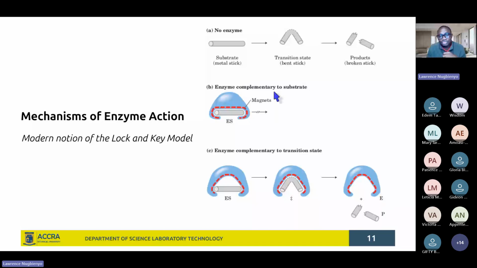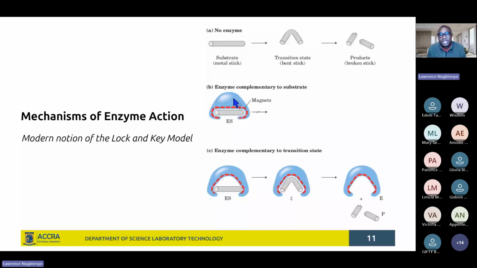And so it's like a magnet that fits perfectly to the metal stick. So the enzyme, which is depicted here in blue, has this magnetic field, which perfectly fits the substrate. And you see the enzyme substrate complex is formed when you have the substrate bound onto that enzyme as a magnet.